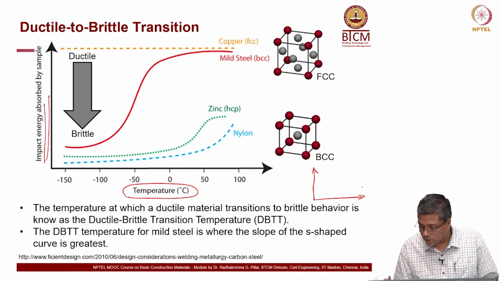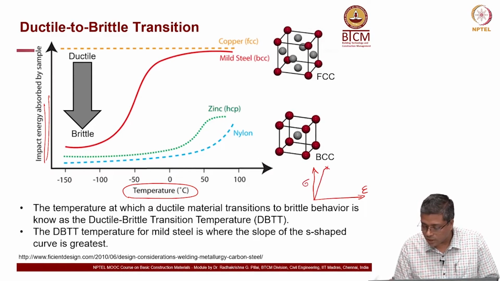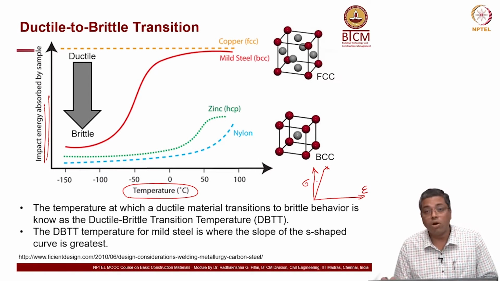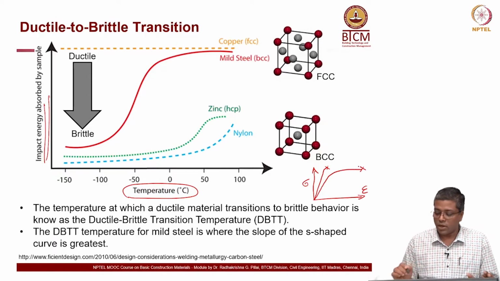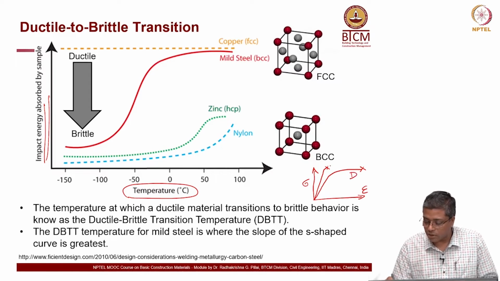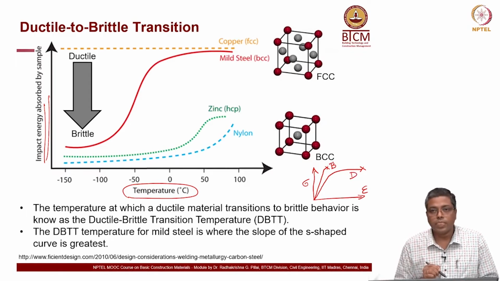If this is strain and this is stress, a material which has a graph something like this and there is a breaking point, we can call it a brittle material. Whereas, if another graph goes something like this and then it breaks here, then we can call it ductile behavior. This is ductile, and this is brittle.